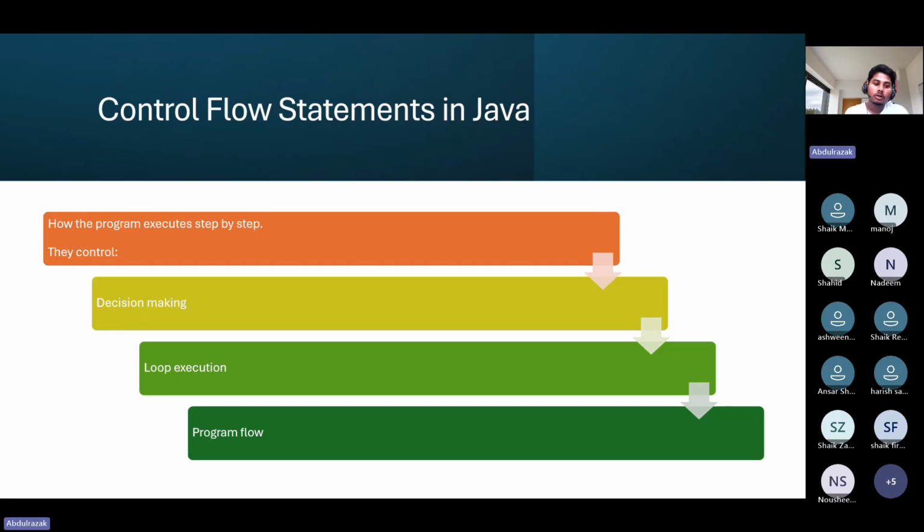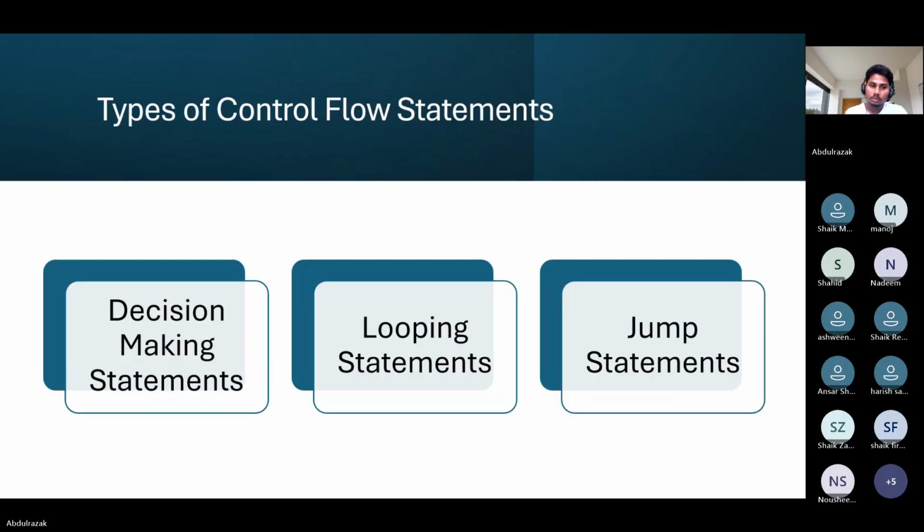So here we have different types of statements. First one is decision making statements, then looping statements. Next, third one is the jump statements. Decision making means we are going to use it for conditional checks. Yesterday also we did some programs on conditional checks.